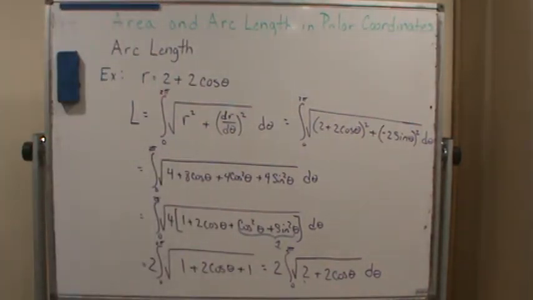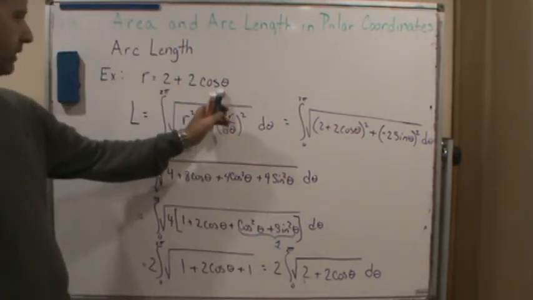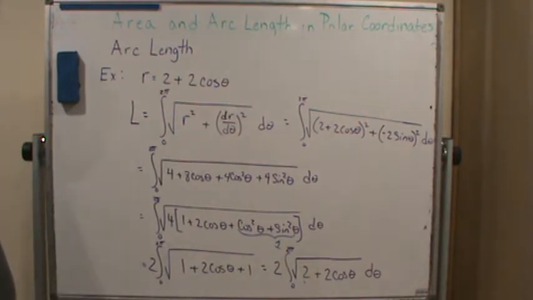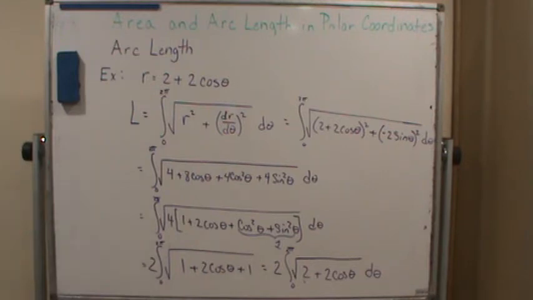Well, guess what that is? 2 plus 2 cosine theta, it's r. Interesting. But I don't want to do that because we're going to integrate this with respect to theta, so I don't need r, but it's interesting to point that out.